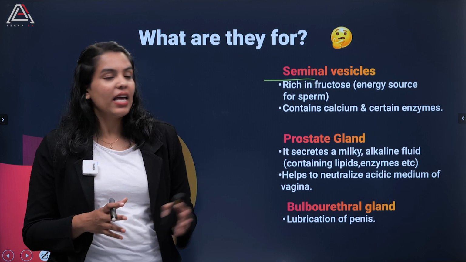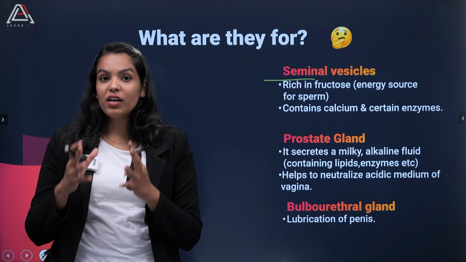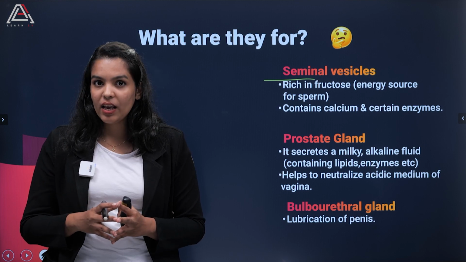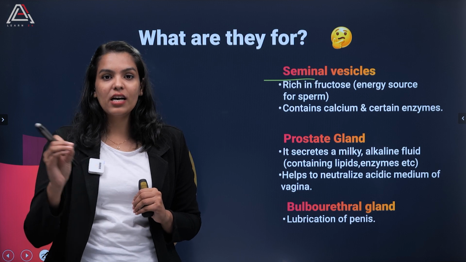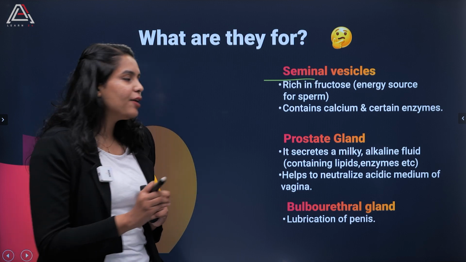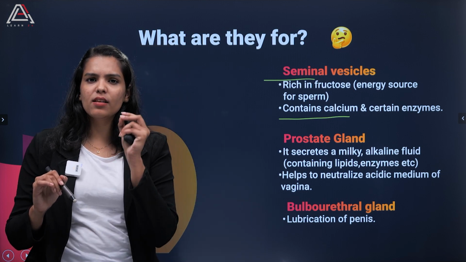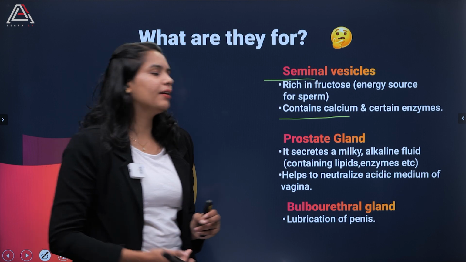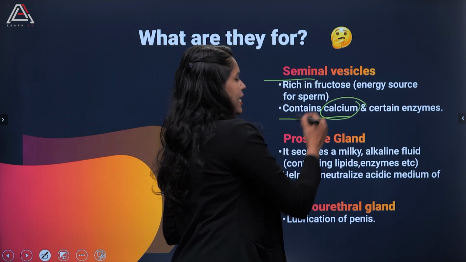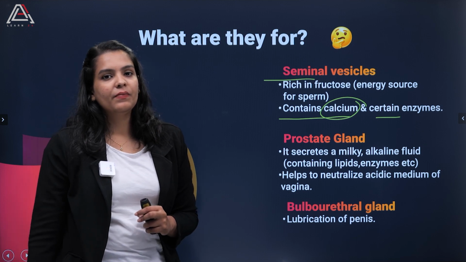So that is why this gland produces a rich amount of fructose, which helps provide energy to our sperms. And they also contain calcium and a certain amount of enzymes, right?